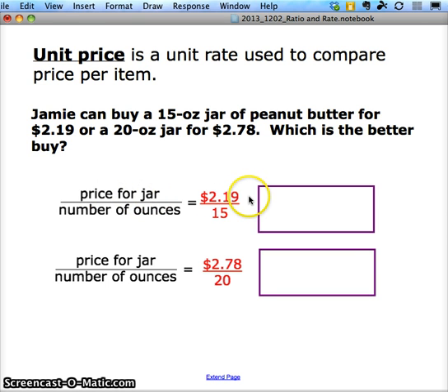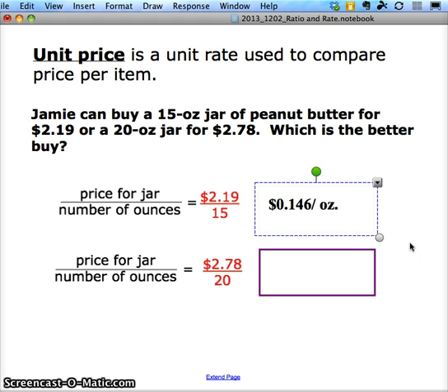So this is written $2.19 for 15 ounces, or $2.78 for 20 ounces. And this is where you have to utilize your decimal division and say, what is 219 divided by 15? Well, that's about 0.146 cents per ounce. Obviously, that's going to round up to 15.